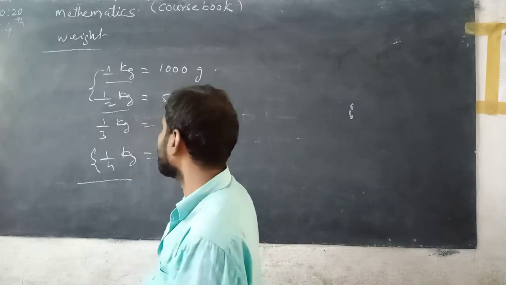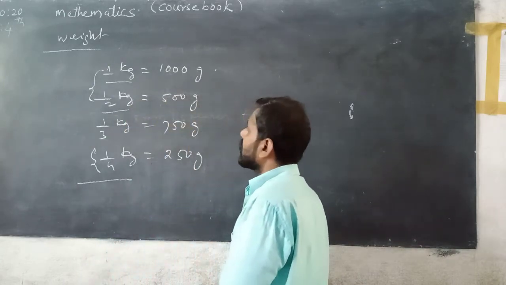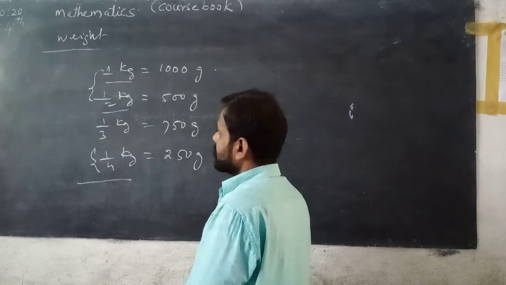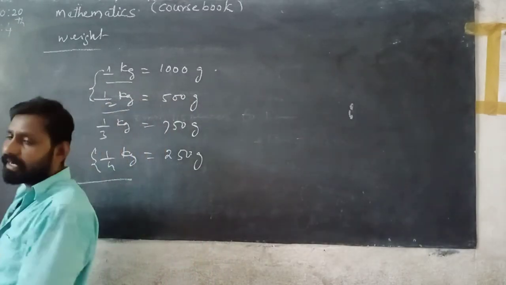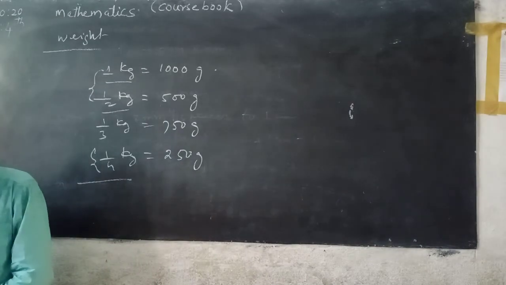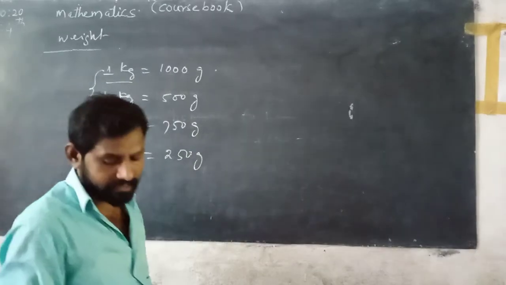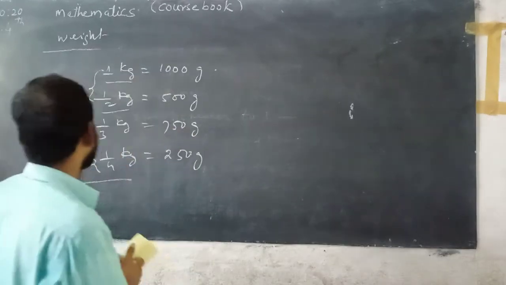See here, 1 kg is equal to 1000 grams. So that is the relation between kgs and grams. The standard unit of weight is gram.